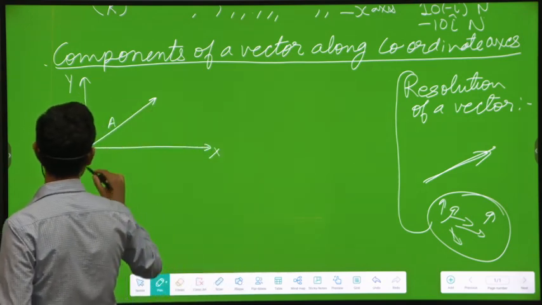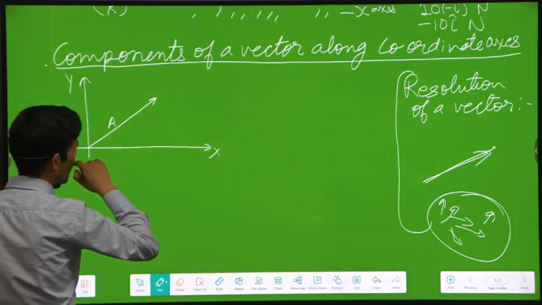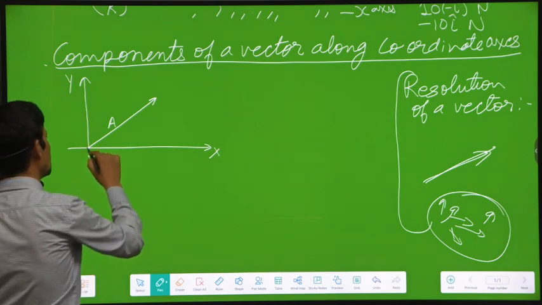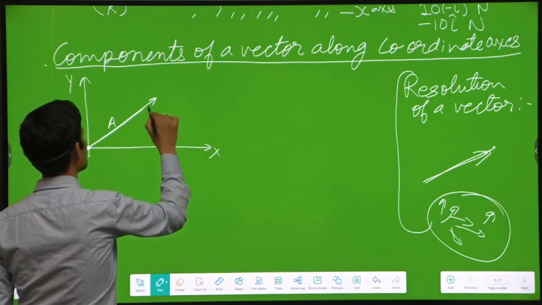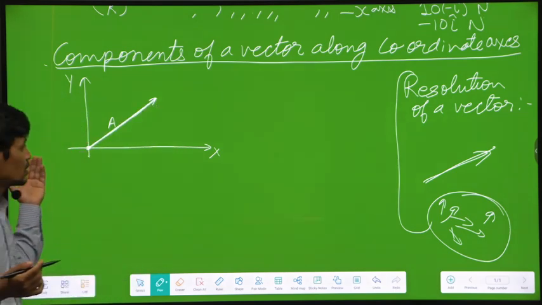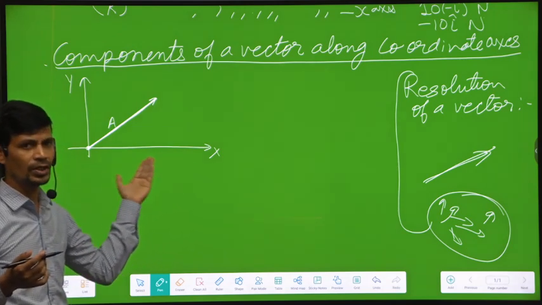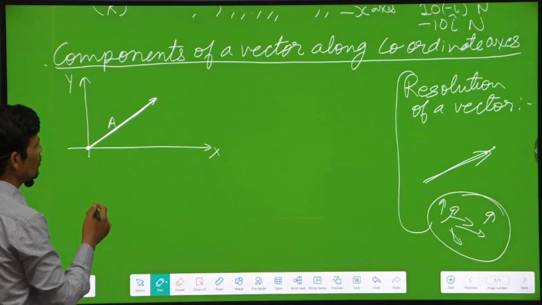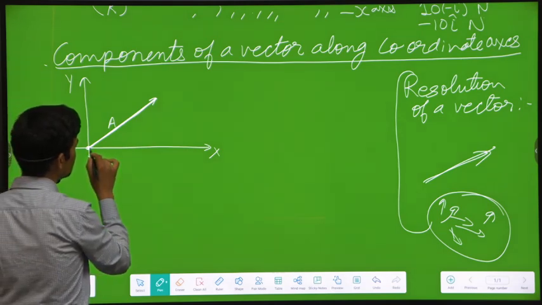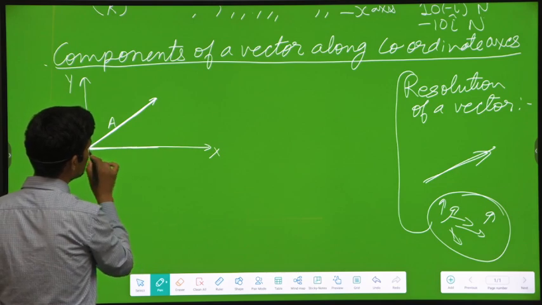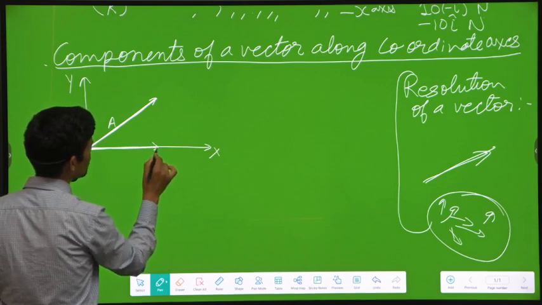So if this is a vector A, let us take the example of displacement. If a body gets displaced along this direction, and we are interested in the motion along the x-axis, then we will say that okay, it has traveled this much distance along the x-axis.